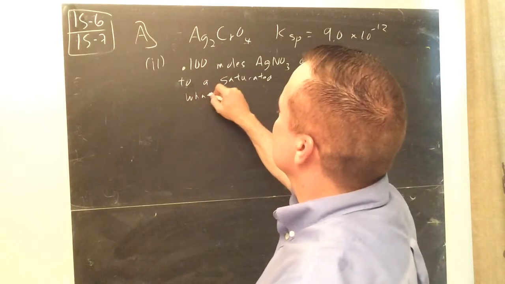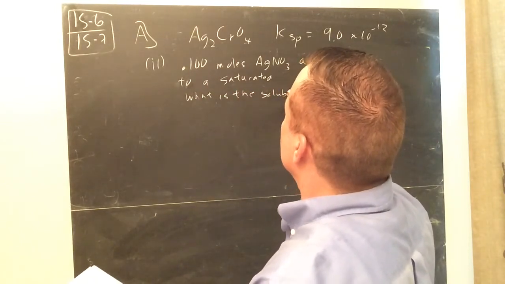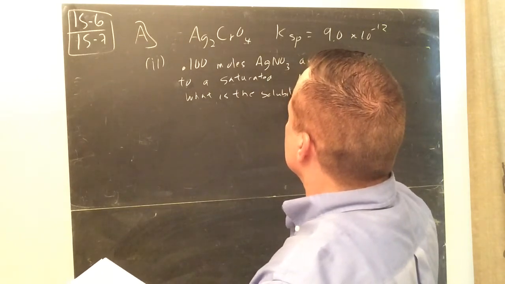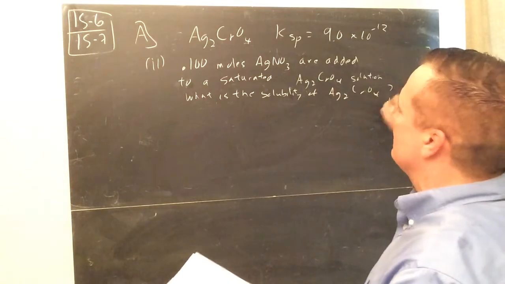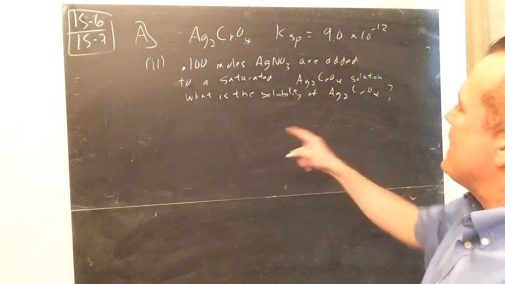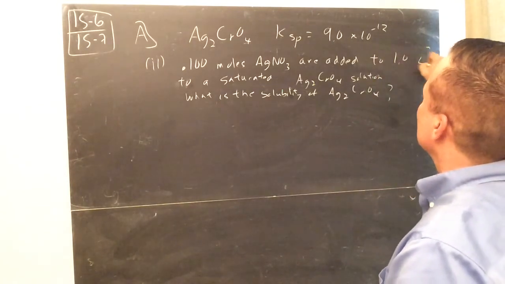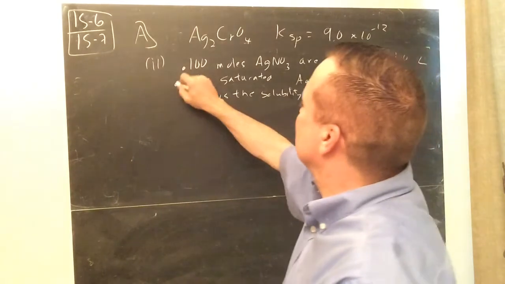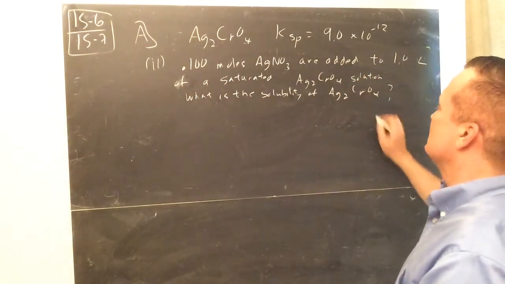What is the solubility of Ag2CrO4? This is a better way to phrase the question. Okay, 0.100 moles of that are added to 1 liter of a saturated solution of that. What's the solubility of silver chromate?